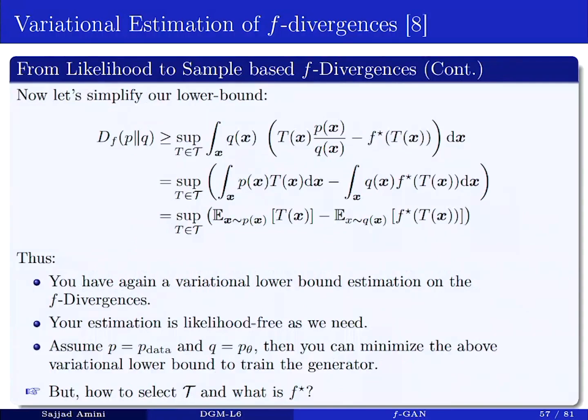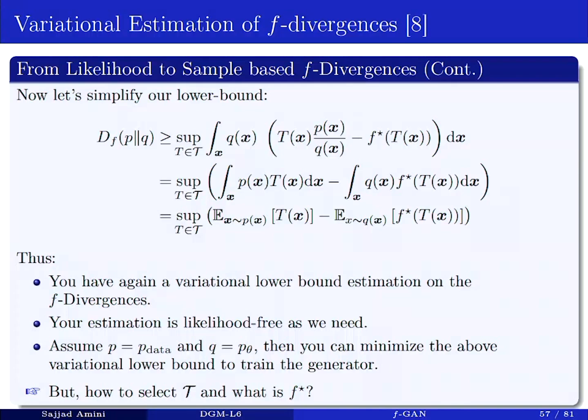Now I have this lower bound, and then by multiplying q with this term, I have these two integrals: the integral of t(x) p(x) dx, which means the expectation of t(x) with respect to samples coming from the p distribution, and the expectation of f star of t(x) with respect to samples from the q distribution. So by using the concept of convex conjugate, I found a lower bound to the f-divergence.